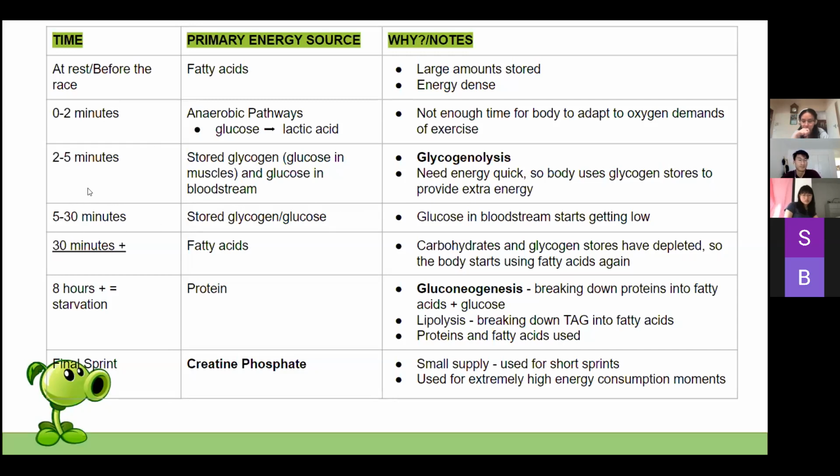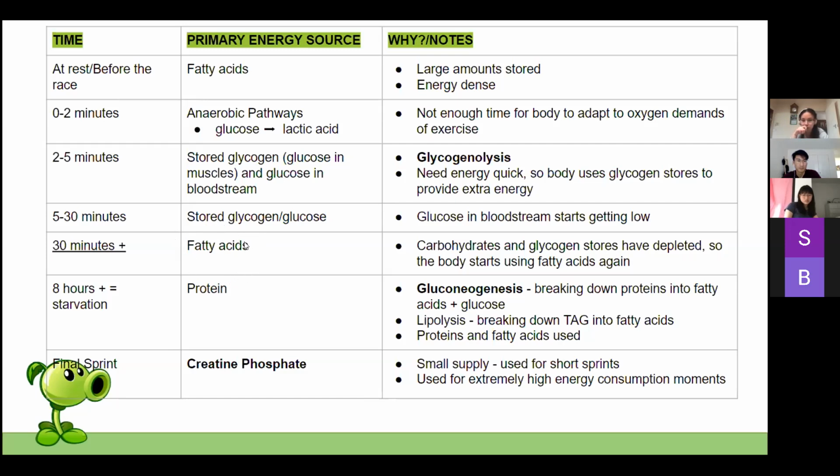Now at this point, 5 to 30 minutes, you're still using up some glucose, but as you can imagine, the glycogen and glucose might be getting a bit low. And 30 minutes is the important time frame you need to remember, because at 30 minutes, your glycogen and glucose runs low to the point where fatty acids start becoming the primary energy source again, right?